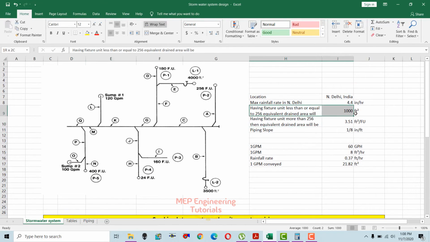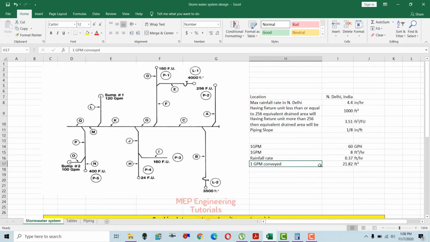Since we said in here that if we have less than 256 fixture units, then the equivalent drained area we get is 1000 square feet as per code. So 1000 square feet we have to use in here. But before that, I forgot to tell you how you got this 3.51 square feet per fixture unit.